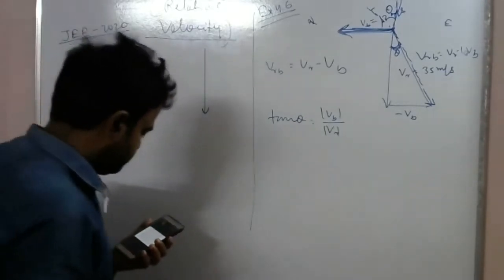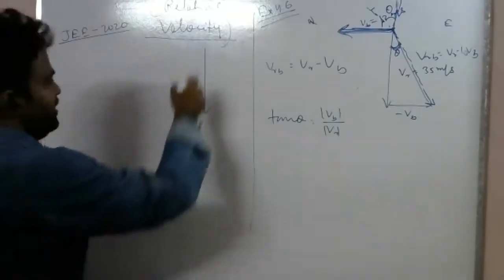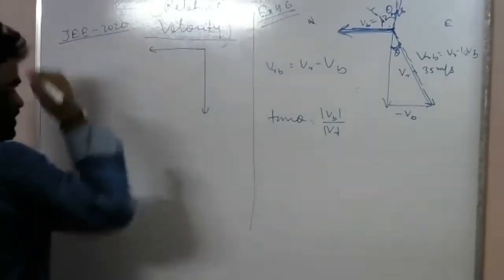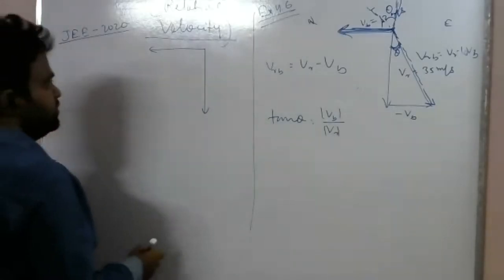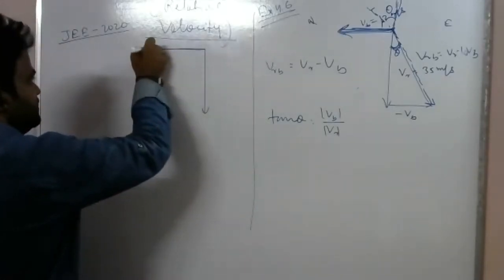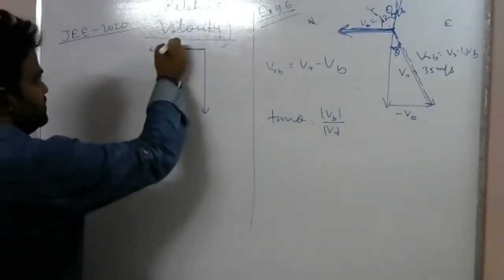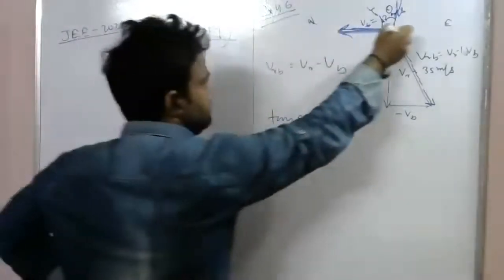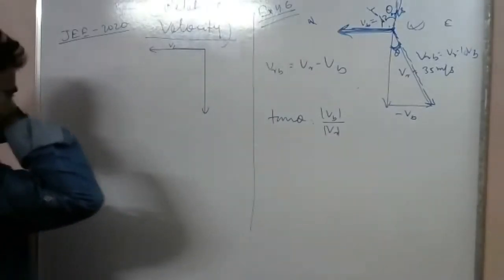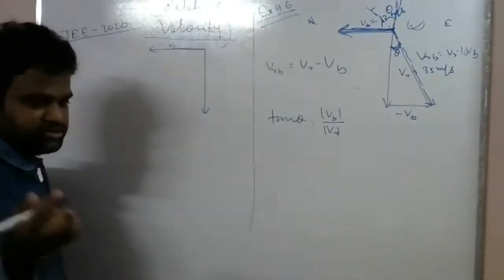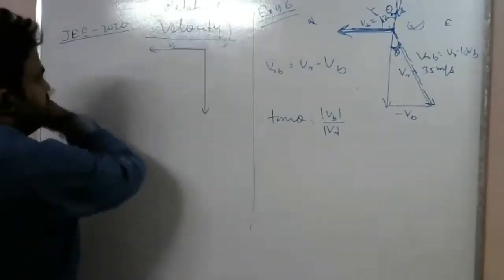Find beta. Suppose the car is moving to the west. As the car is moving to the west, this is the velocity of the car. Exactly similar to the earlier case. Because the direction is not given, you can consider the car moving to the west.